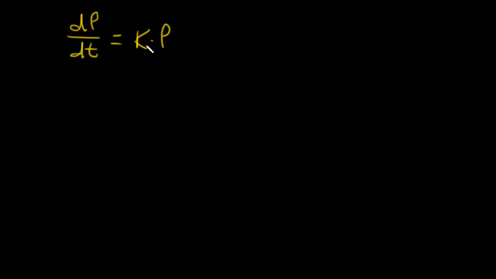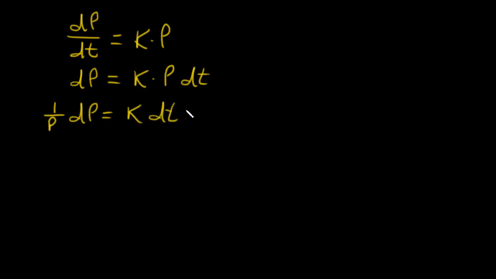So I basically multiply both sides by dt, and I'll do one extra step: dP is equal to k times P dt. Then I move the P over, so I get 1 over P dP is equal to k dt. And now that I have all the P stuff with the dP and all the t stuff, or in this case just a constant, with the dt, I can now integrate both sides, like so.